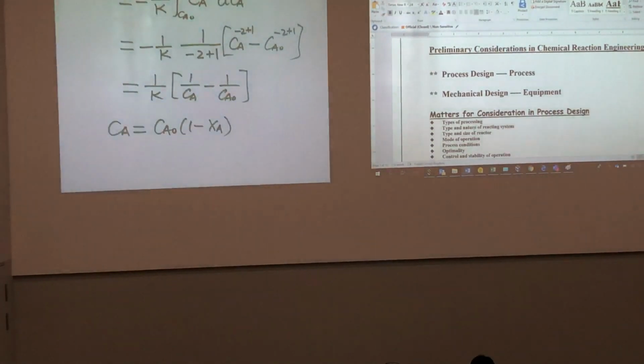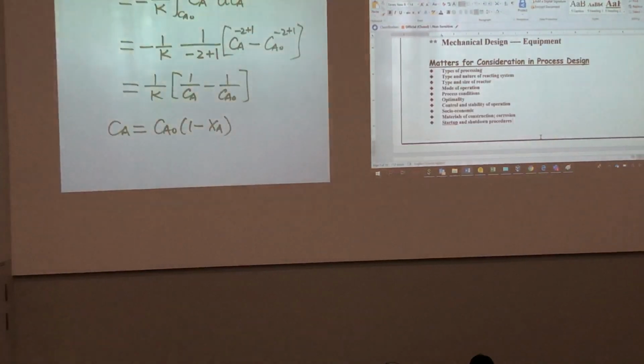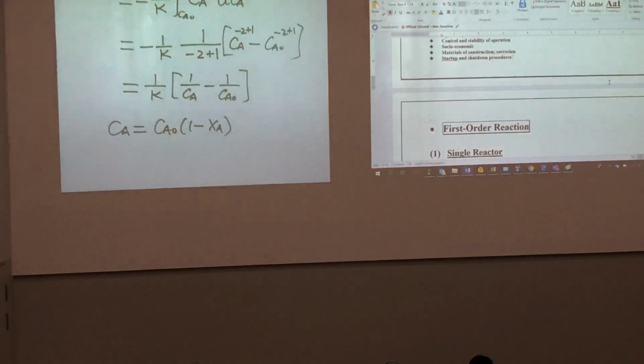So matters for consideration in process design, please try to list down at least 5 points. We have 10 points, I think. 1, 2, 3, 4, 5, 6, 7, 8, 9, 10. So what are the things you need to consider as a process design?